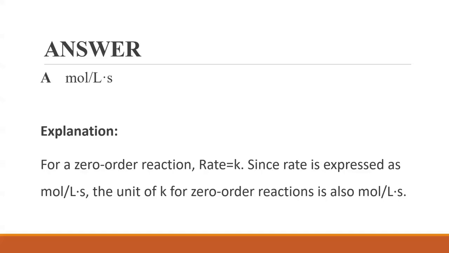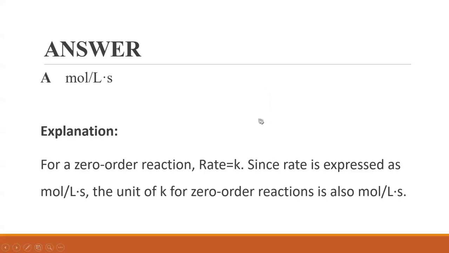The answer is A, which is moles per liter per second. And the explanation that we are looking at is that for a zero-order reaction, the rate is equal to K because the concentration of the reactant here is raised to power 0.